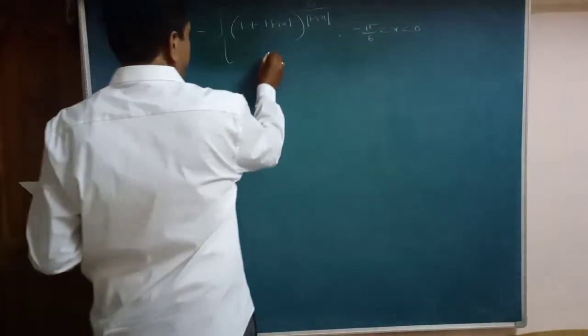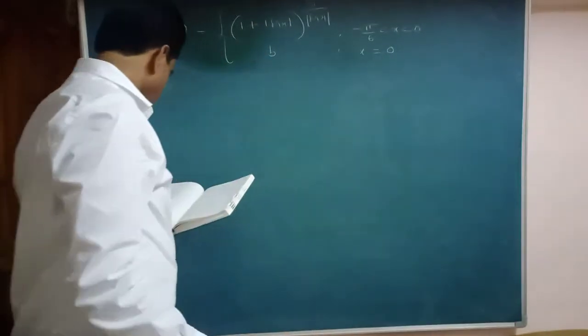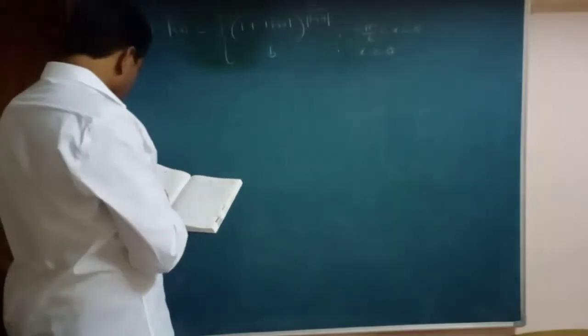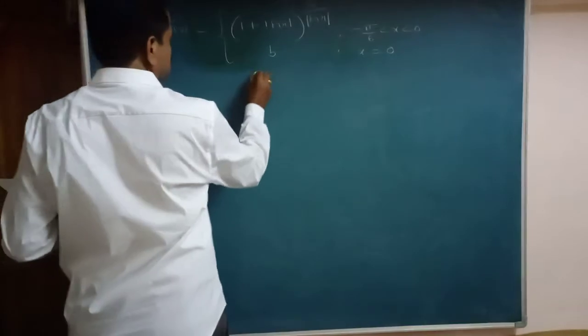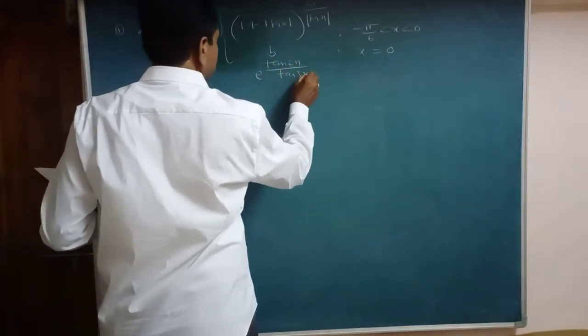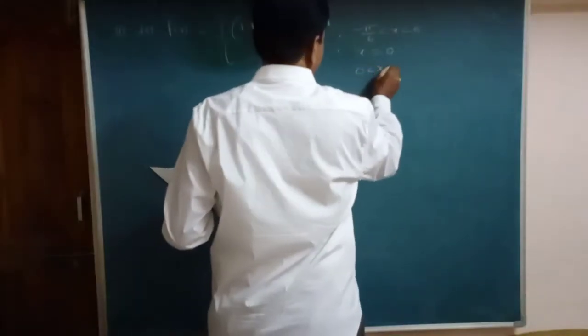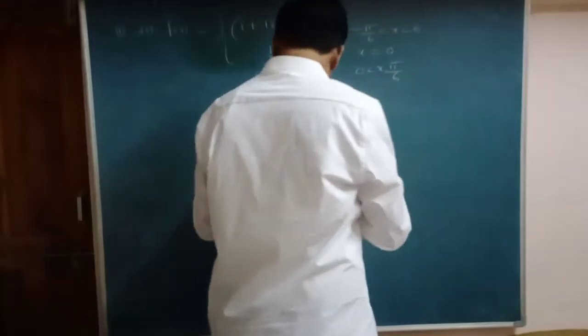Next, b when x equal to 0. Next, e power tan 2x by tan 3x if 0 less than x less than pi by 6.